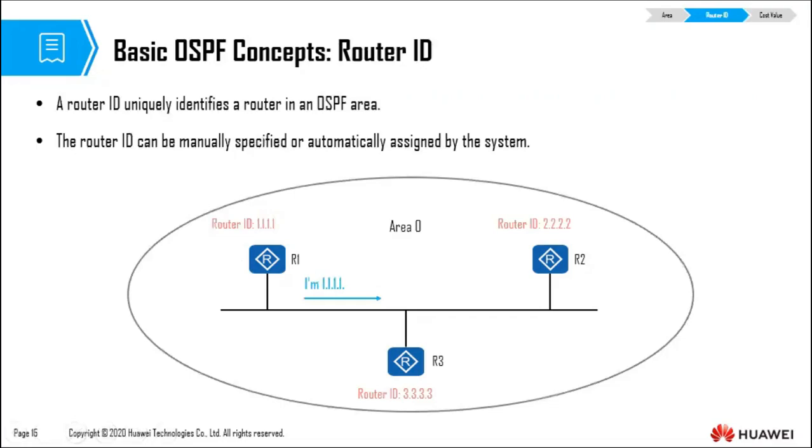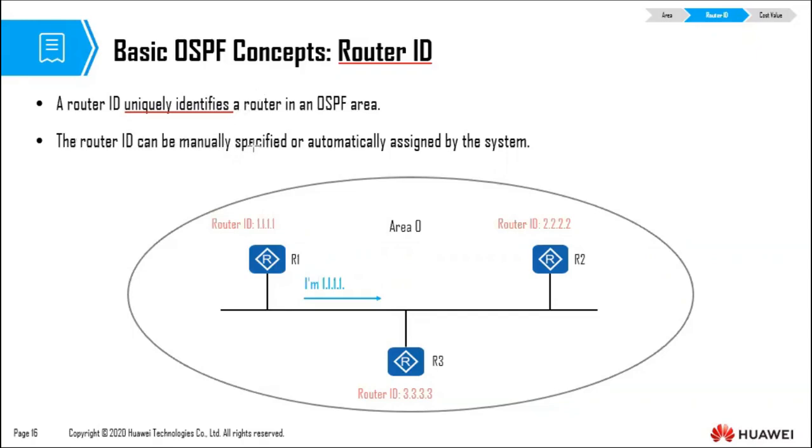Okay, so the other concept that is important in OSPF is the concept of the router ID. The router ID uniquely identifies the router in OSPF. Uniquely identifies. So router ID is simply router identifier. Anytime you hear ID, it means it has to be unique, right? It has to be unique.